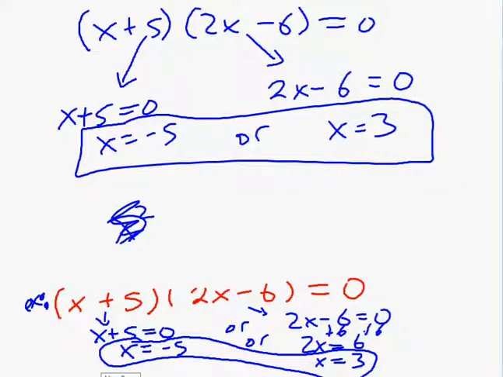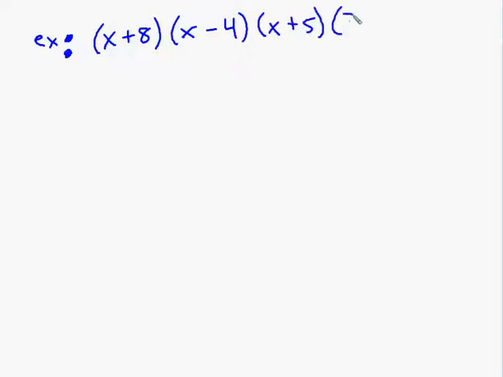Let's do another case where it's already factored. So here's another example. I am definitely not going to want to multiply all these, right? But because it equals 0, I know at least one of these must be 0.